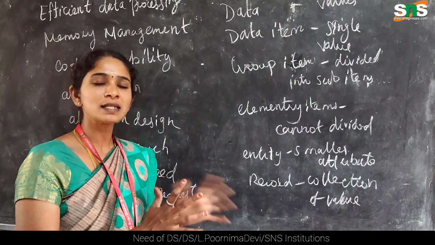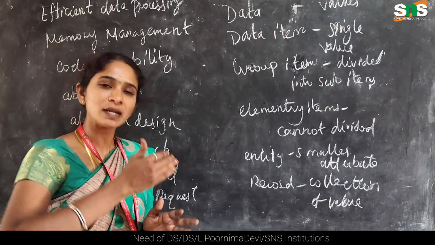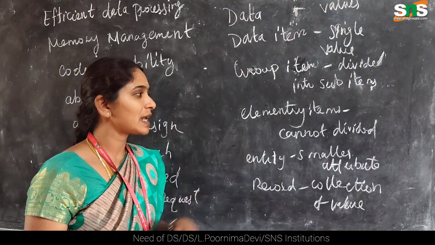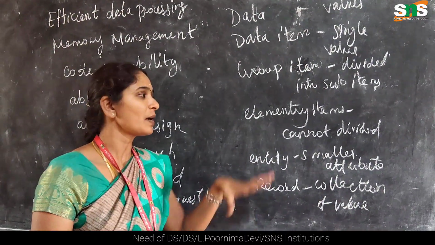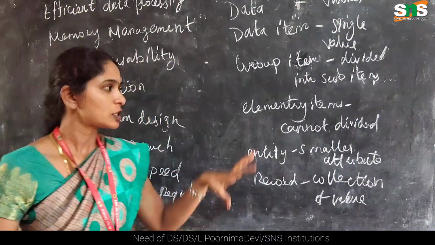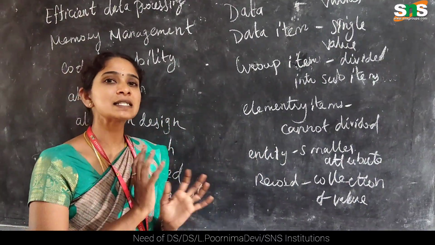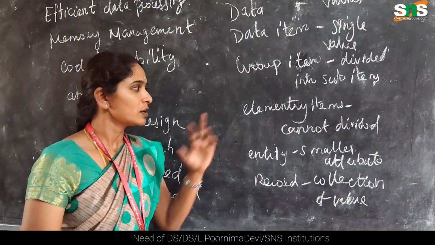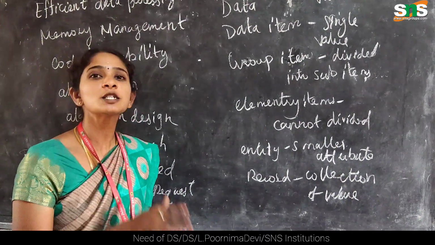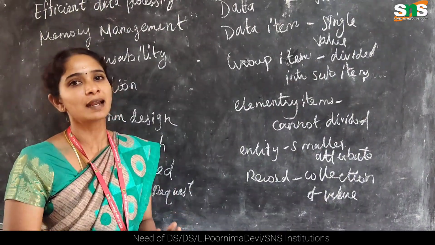A group item is a group of data that can be subdivided into single values. But an elementary item cannot be divided into a single value, because it is already a small piece of data. An entity is a smaller attribute of particular data sets.